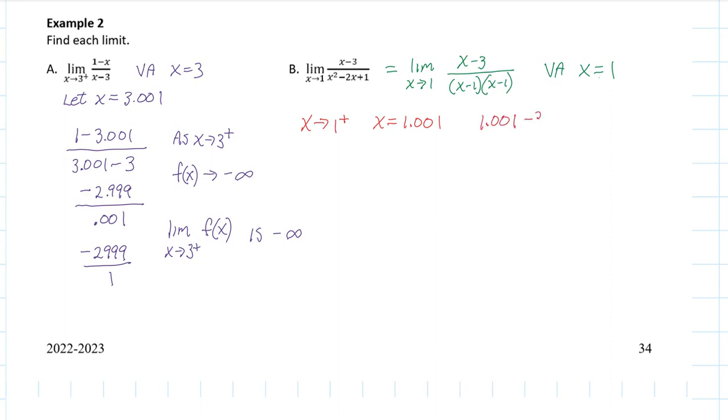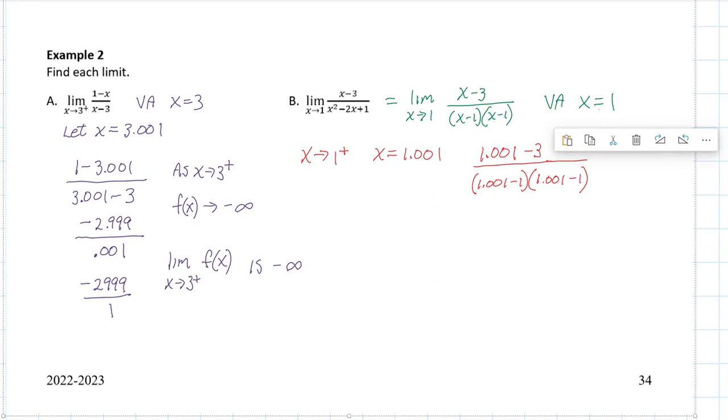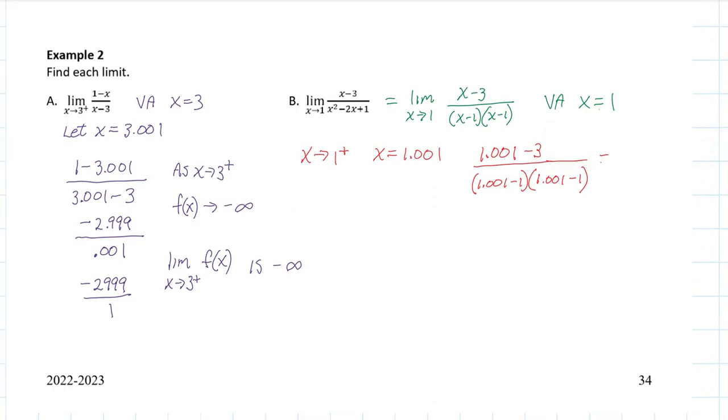1.001 minus 3 over 1.001 minus 1 times another 1.001 minus 1. If you do some math on the top, you get negative 1.999 over 0.001 squared.